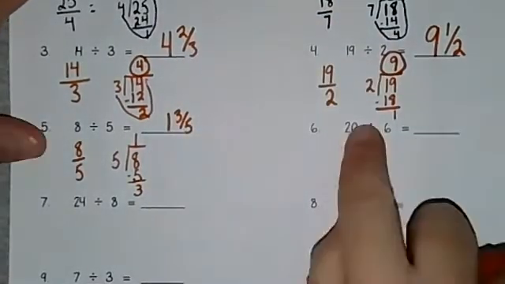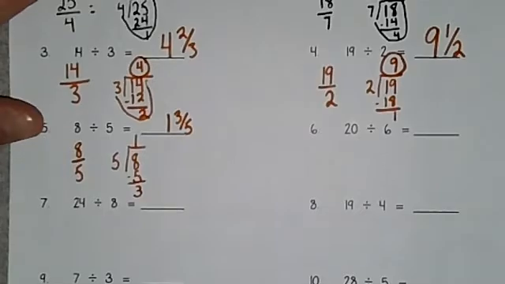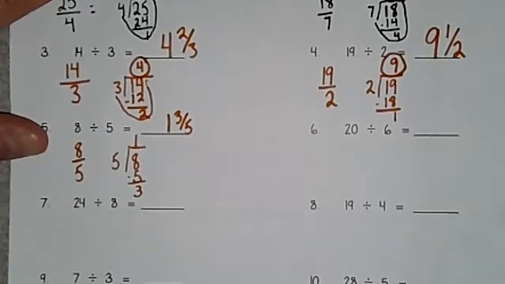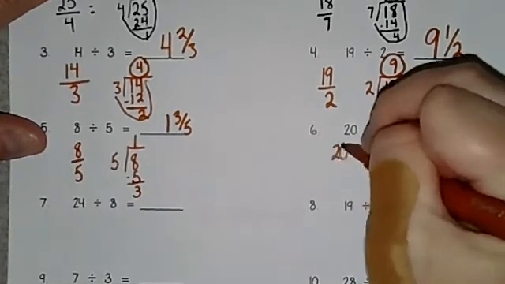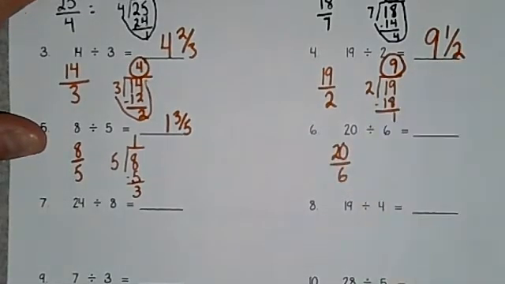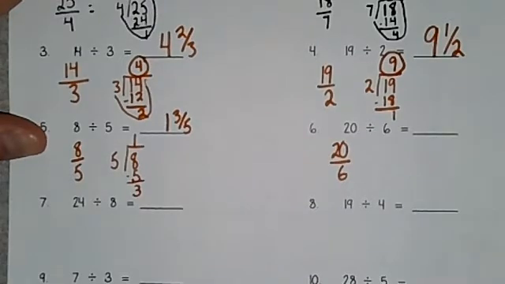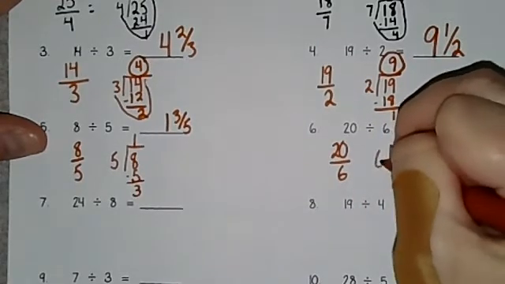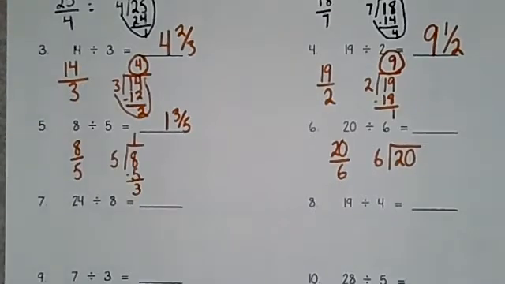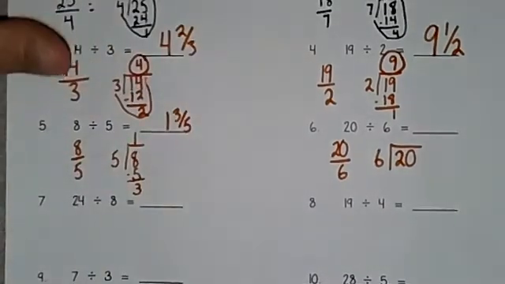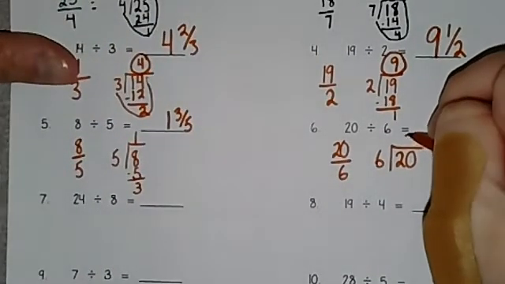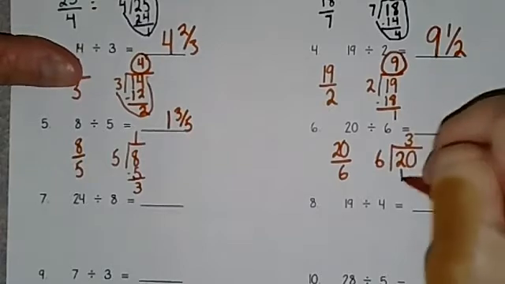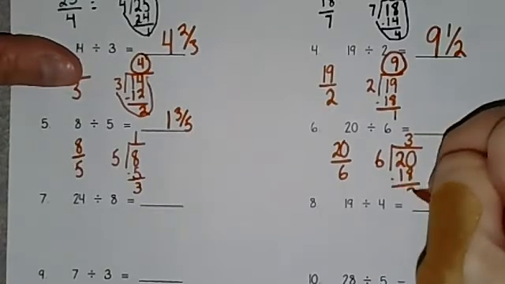All right, you are up. Aaliyah, how do I write 20 divided by 6 as a fraction? Good. Aaliyah, do I need to divide that and turn it into a mixed number? Yes, I do. So take 20 and divide it by 6. All right, Aaliyah, how many 6s are in 20? Very good. 3 times 6 is 18. When you subtract, you get a 2.